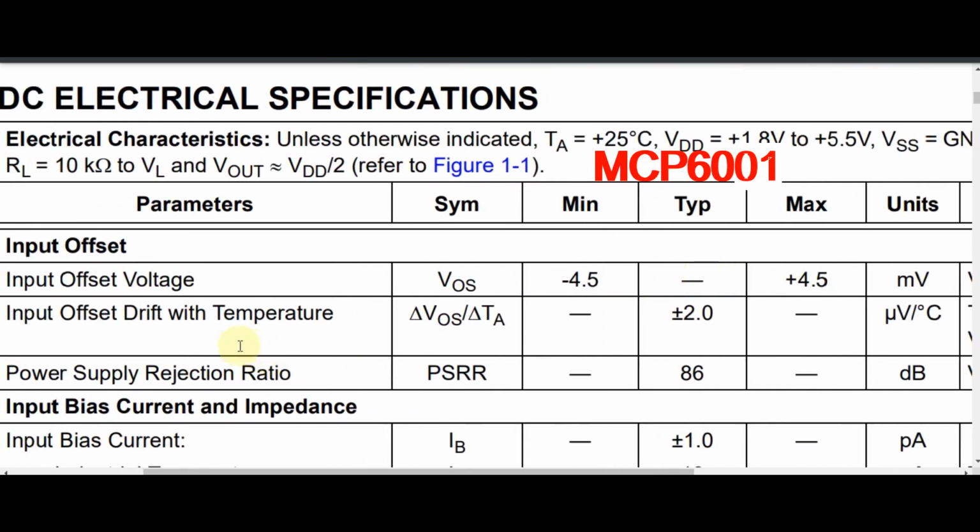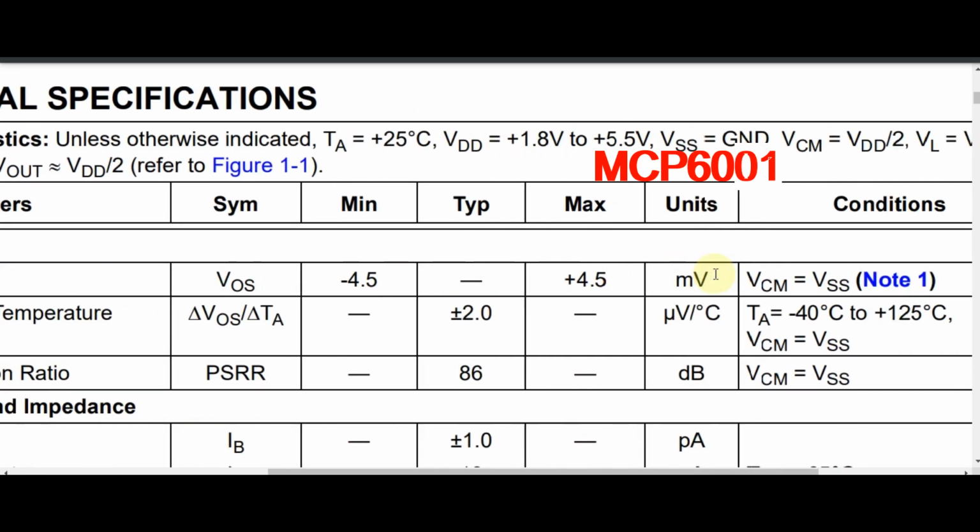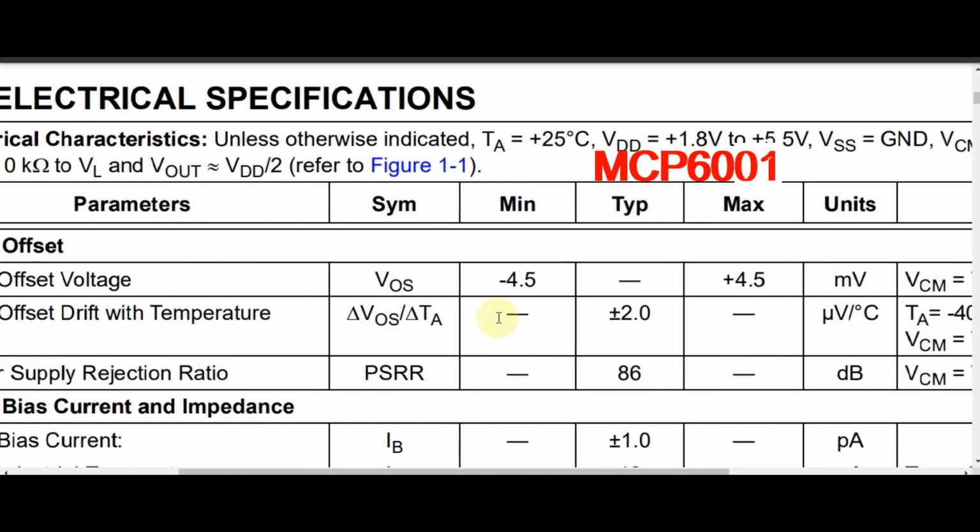It is given that the input offset voltage is VOS, which is defined as minus 4.5 millivolt to plus 4.5 millivolt, and the condition they have given is that the common mode voltage equals the VSS voltage. So basically we often look at this terminology.